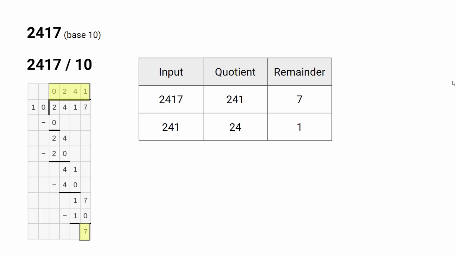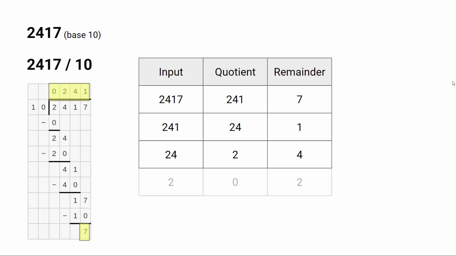The quotient is 24 and the remainder is 1. Record both. Now repeat the process again by using the previous step's quotient as the new input. Divide 24 by 10 and you have a new quotient of 2 and a remainder of 4. Repeat again. Divide 2 by 10, and this yields a quotient of 0 and a remainder of 2.